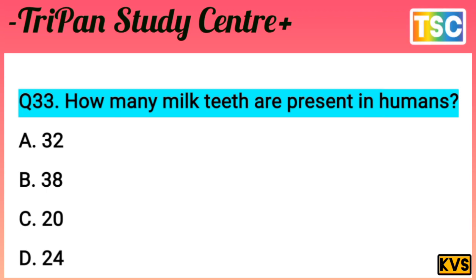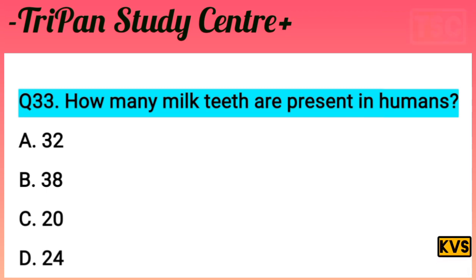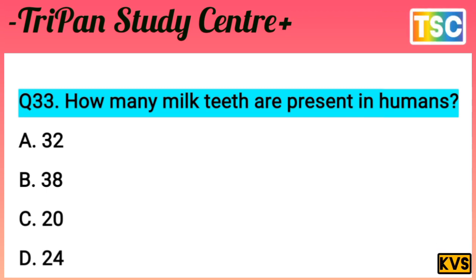First of all, remember that teeth are one of the important parts of the human body, and they participate in many activities of the human body. Teeth start to appear as soon as children are born, and children usually have 20 teeth.